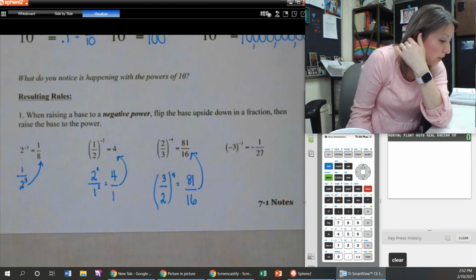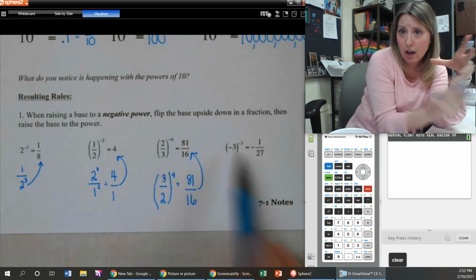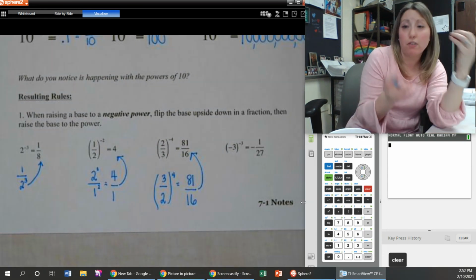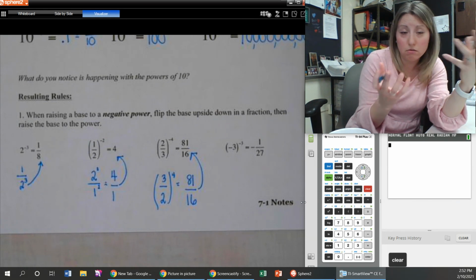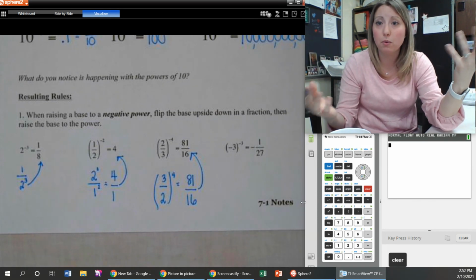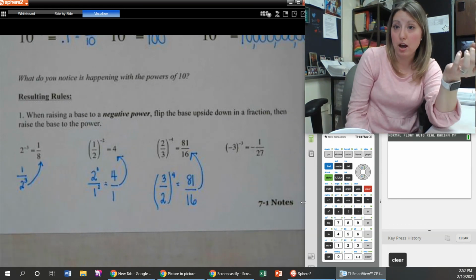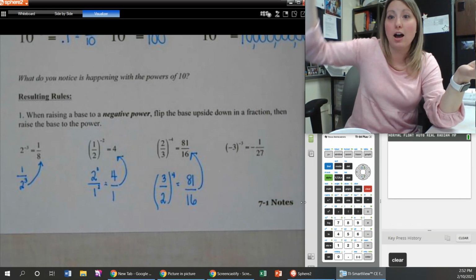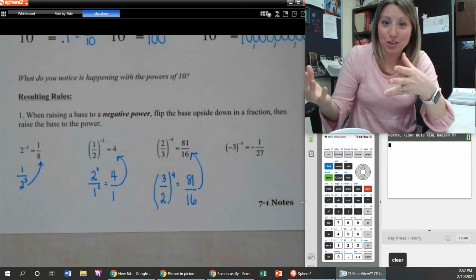Okay. Last but certainly not least is what if you have a negative inside as your base? If you have a negative number as your base, and you have an even exponent, you're going to get a positive answer anyway because the negatives cancel each other out. But if you have a negative base with an odd exponent, you end up with a negative in the answer.